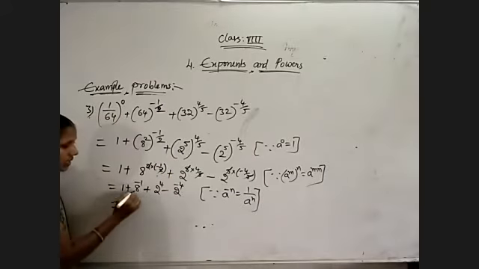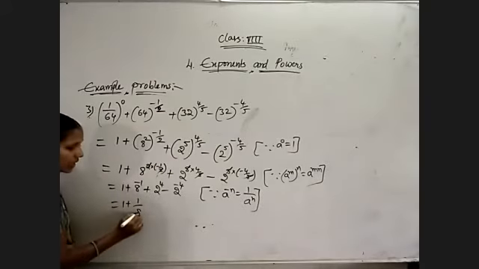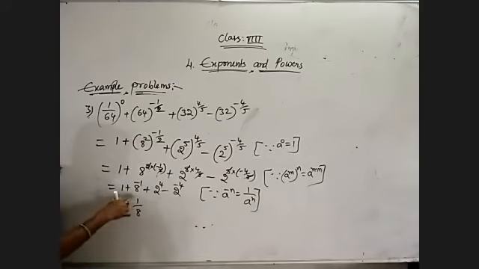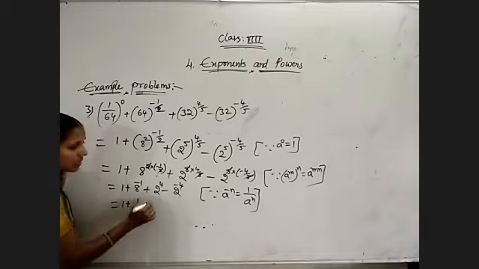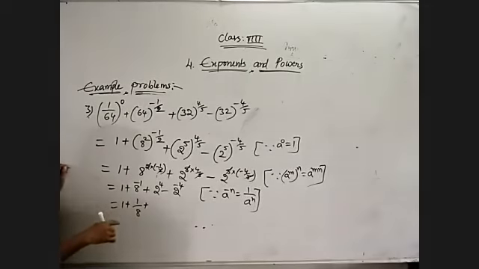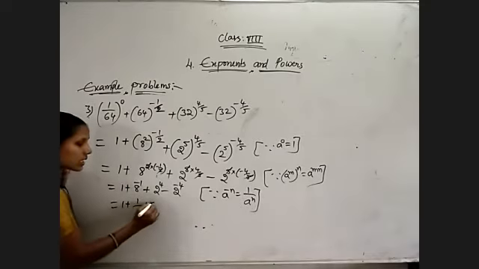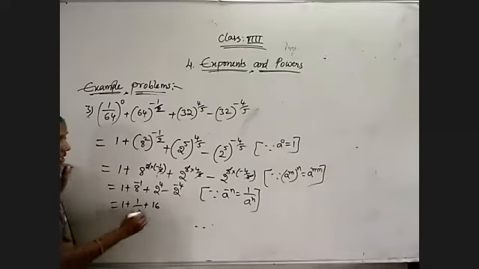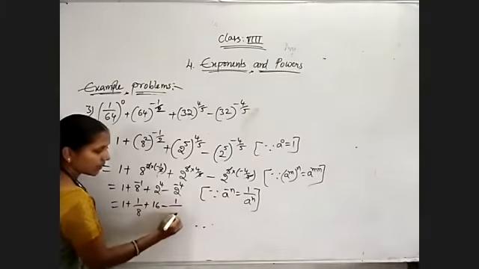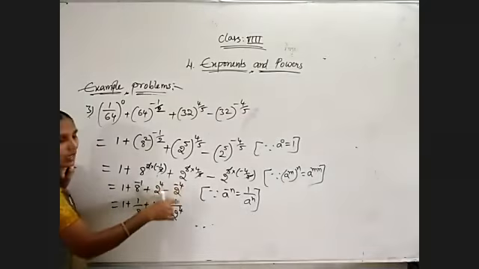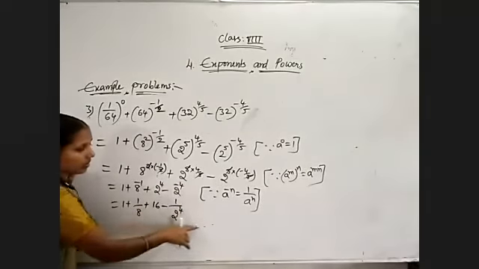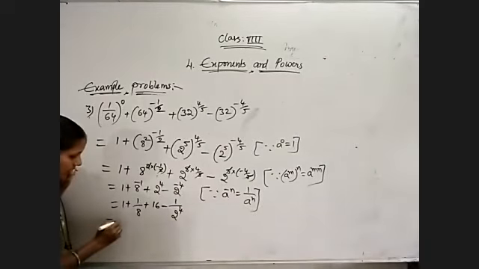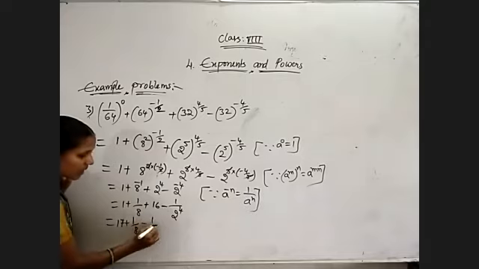That is 1 plus, 8 to the power of minus 1 I am writing as 1 by 8 to the power of 1. 8 to the power of 1 is nothing but 8 itself, plus 2 power of 4, which is 16, minus 2 to the power of minus 4, which is 1 by 2 to the power of 4, a power minus n is 1 by a to the power of n. Which is equal to 1 plus 16, 17.